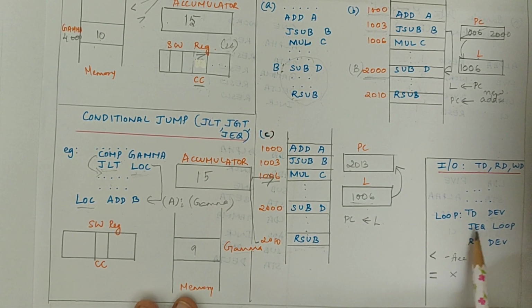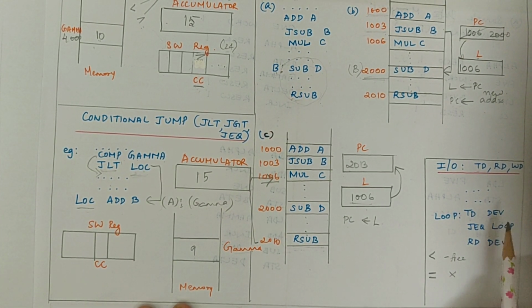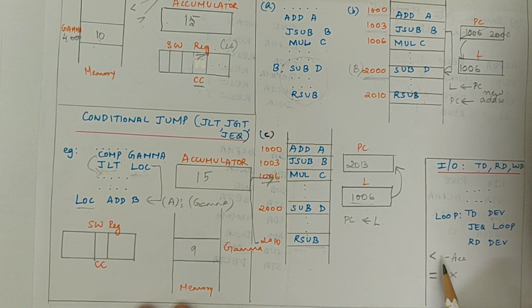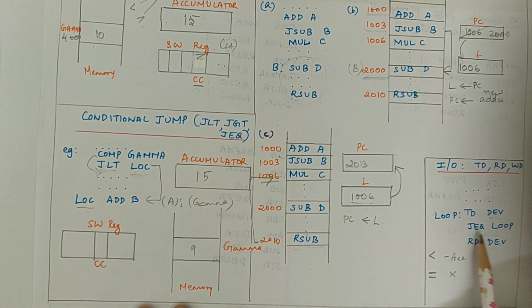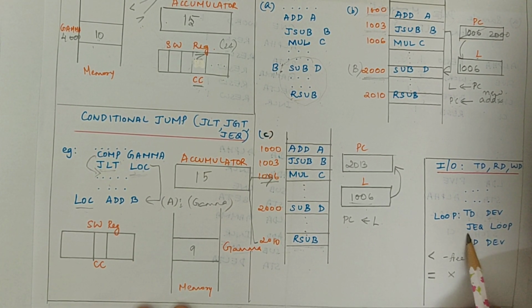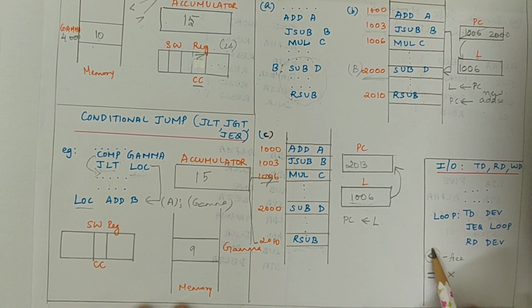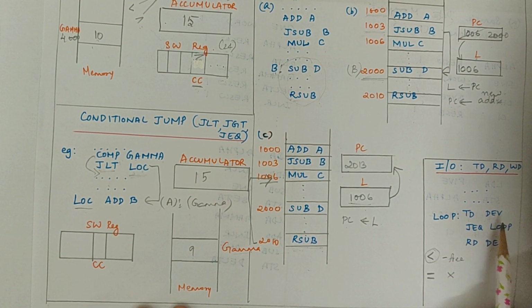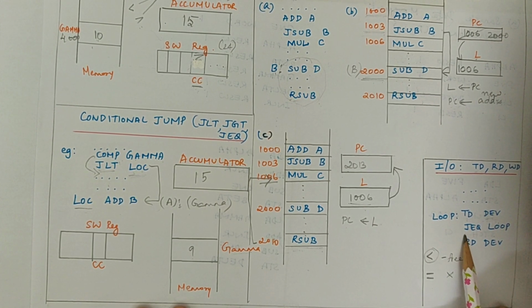So it will test, and then the condition will be checked. Jump on equal to: if the value that is set in the status word is less than, that means the device is ready.